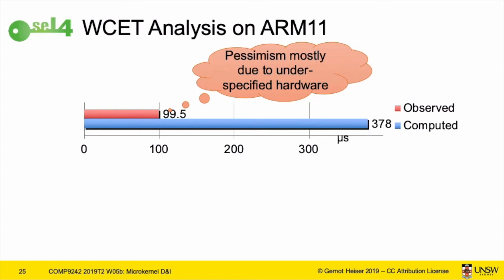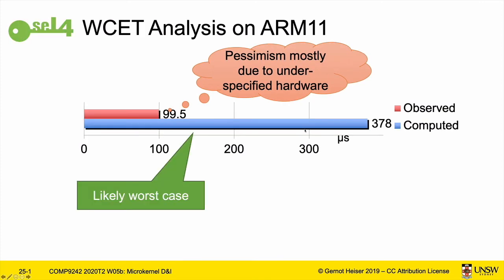And he did that and could actually measure 100 microseconds. So there's a factor of almost 4 in potential pessimism. Of course, we don't know where the worst case really is. It could be close to here, could be close to there. We have strong reasons to think it's actually close to here.